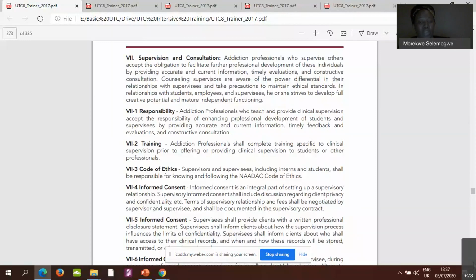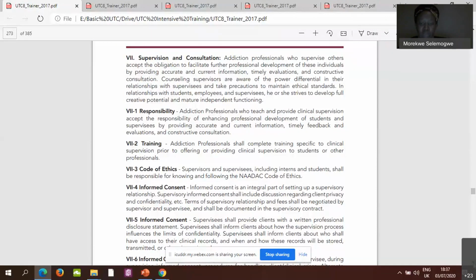I know sometimes when people work in the same institute or in the same program, we don't have this informed consent, but we do have an understanding in terms of the rules and what is expected from a supervisor and a supervisee. But it works well when there is an informed consent into the supervisory relationship.